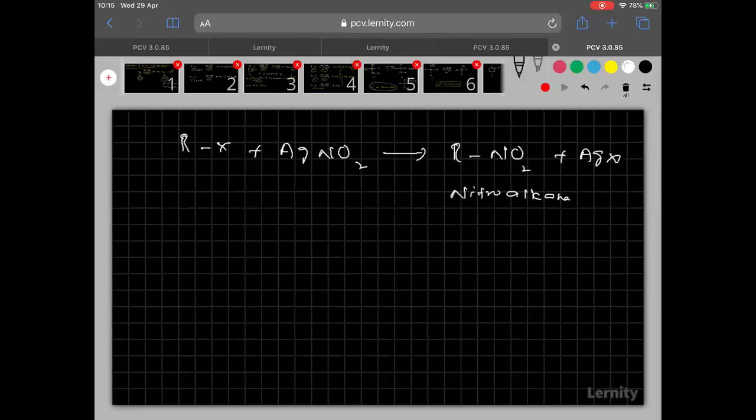Then how is nitroalkane formed here? What is the reason for that? For that, again, we have to see the structure of AgNO2. Okay. So remember everyone, I am writing the AgNO2 structure here. This is the structure of AgNO2. Clear? And remember, AgNO2 is a covalent compound.